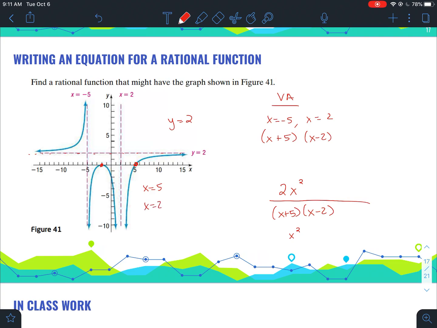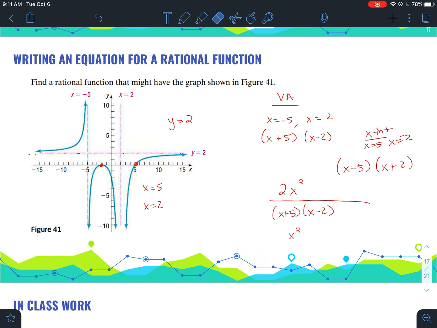And then we are going to look at the zeros. I know that I have a 0 at x equals 5, and I have a 0 at, it looks like, x equals -2. So we have x-intercepts at x equals 5 and x equals -2.